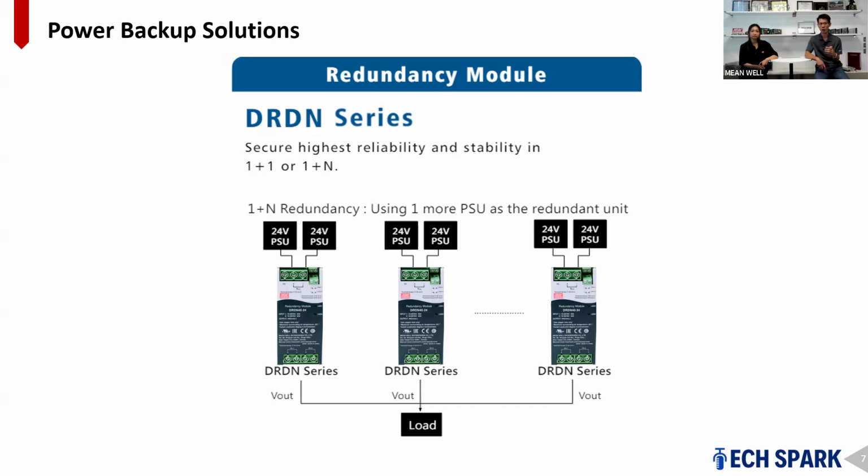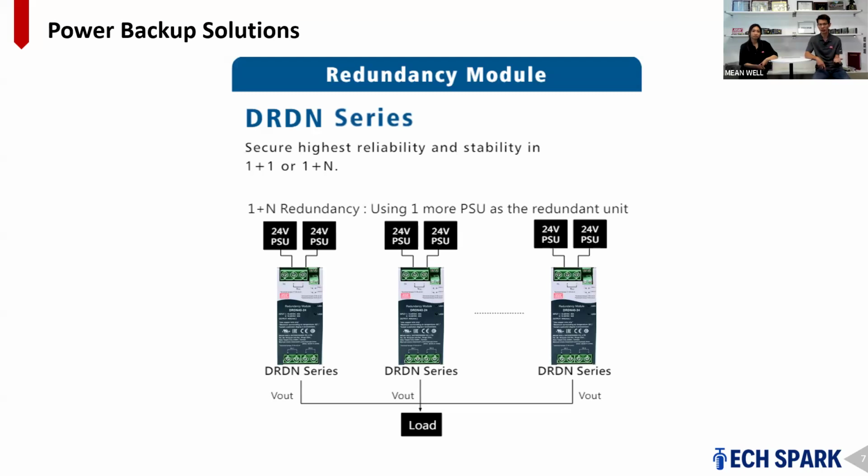Once one unit or a few of the power supply units fail, the RDN is able to provide hot-swappable change of the power supply unit. So the customer doesn't need to shut down the whole system to replace the power supply. They can just simply take out the defective power supply and install the new one.